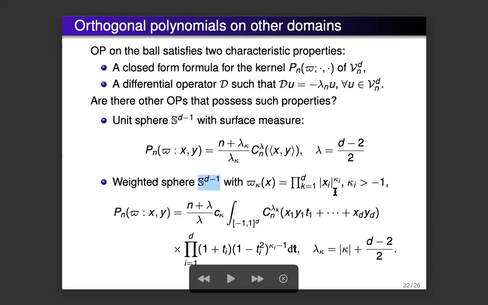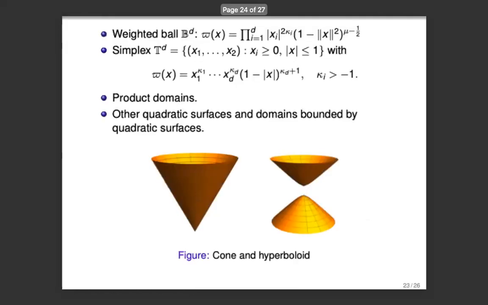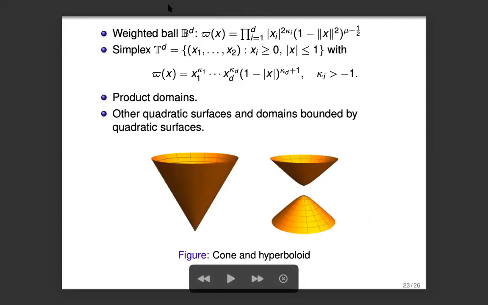You realize your reproducing kernel is getting much more complicated, but no matter how complicated it is, this is still a one-dimensional structure. It means you have a Jacobi polynomial in one variable, with a more complicated structure, but other than that, all should be fine. Anything else? Yes, you can have a weighted ball, a simplex, and some product domains.